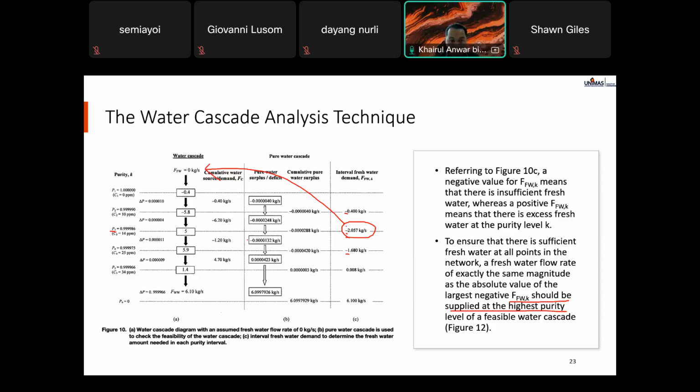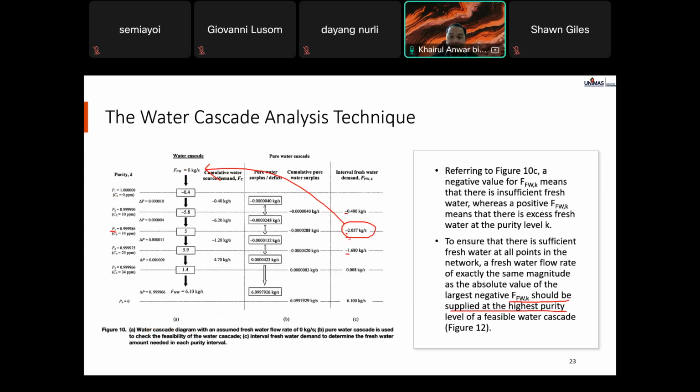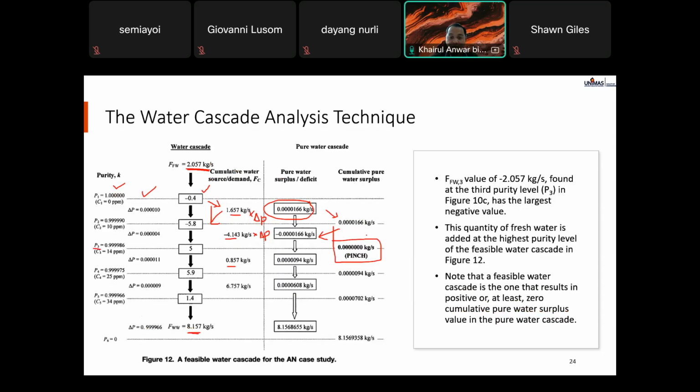See? P3 level. Why is it the pinch? This is the highest demand of negative 2 kg per second, the actual demand, which we choose as the required measurement for this system, which is just the cascading class.